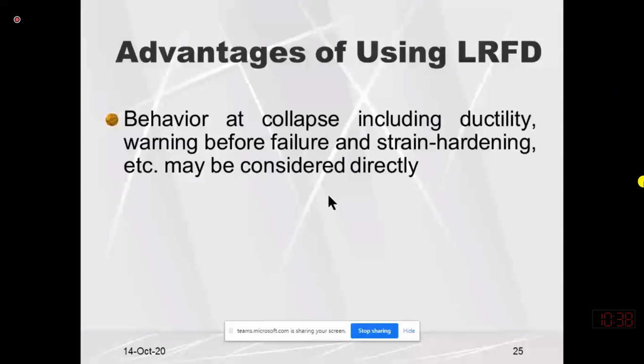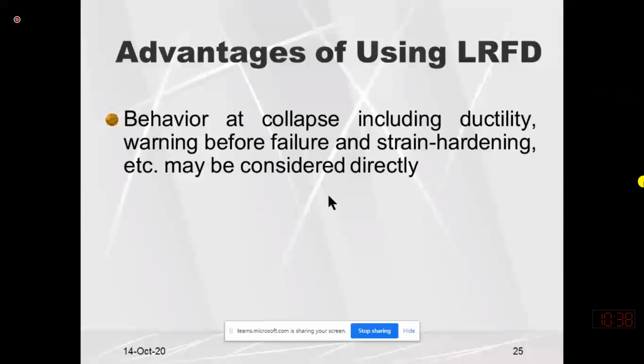In the plastic zone, we might observe some plastic deformation, so we may have a warning before the failure. Also, the strain value at 0.9 Fy will be more compared to the strain value at 0.6 Fy. So this structure which we have designed with LRFD will undergo larger deflection or deformation before failure.